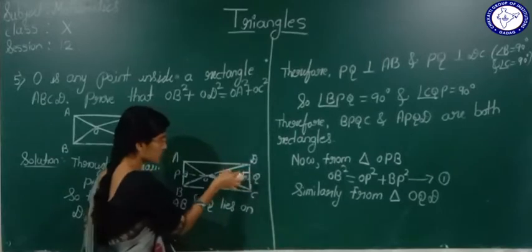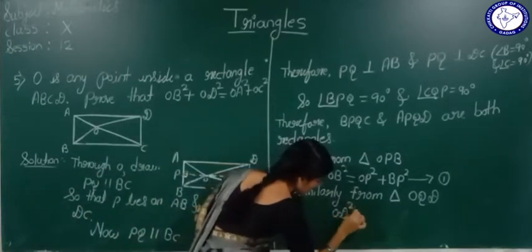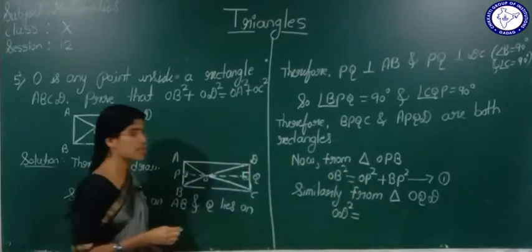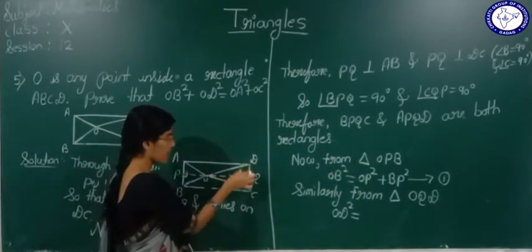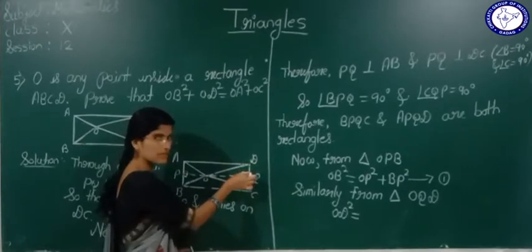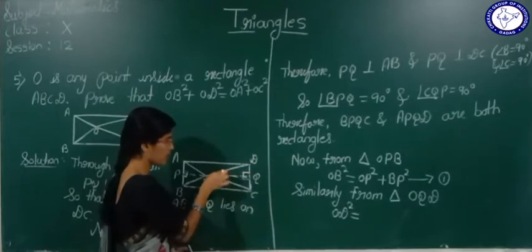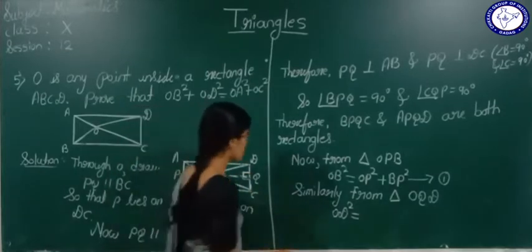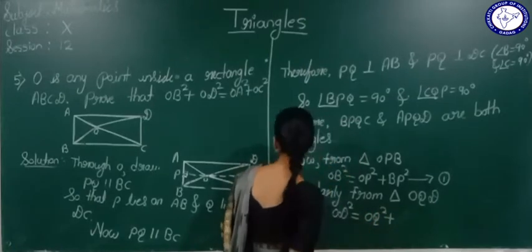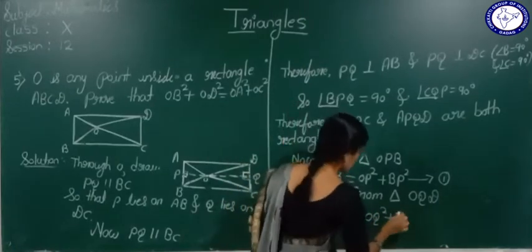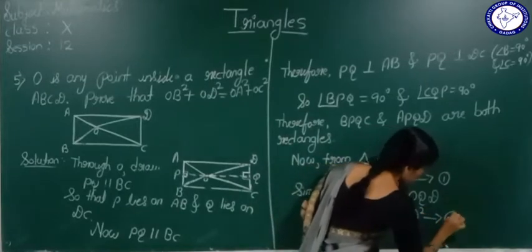The hypotenuse will be OD. OD square is equal to, applying the Pythagoras theorem in triangle OQD, angle Q is 90 degrees, the hypotenuse will be OD, OD square is equal to OQ square plus QD square. Call this equation number 2.